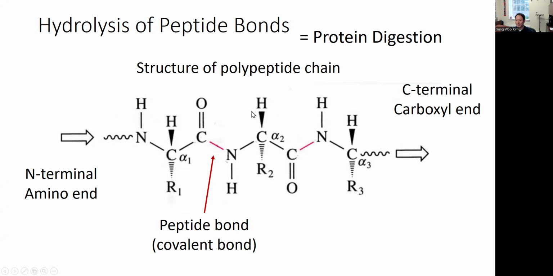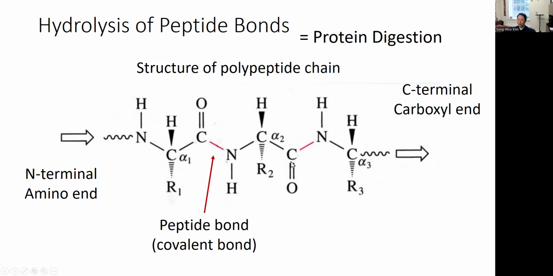So what is the peptide bond? It is the covalent bond between carbon and nitrogen. The carbon comes from the carboxyl group of one amino acid, and the nitrogen comes from the amine group of the next amino acid. So the carbon and nitrogen make a covalent bond, and that is the peptide bond. So protein digestion is the action of cleaving this peptide bond.